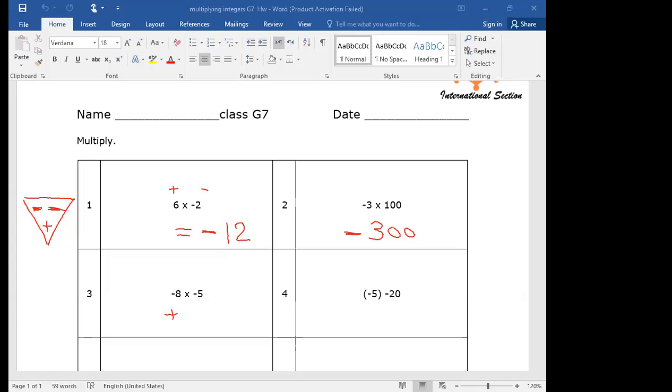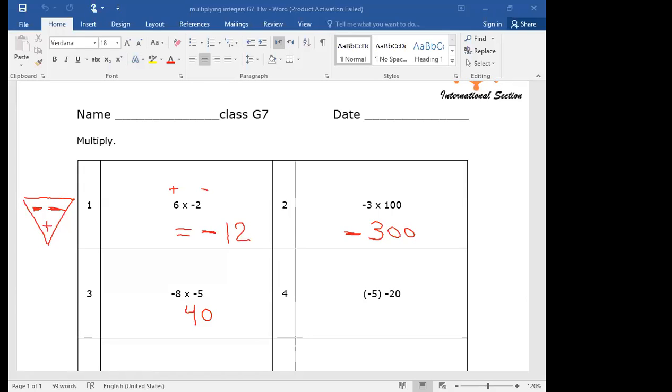Then I have 8 times 5, which equals positive 40. But we are in grade 7, so we will not write positive 40, right? Once we have 40, this means that the number is positive. Did you notice what I said? With positive numbers, I will not mention the sign.